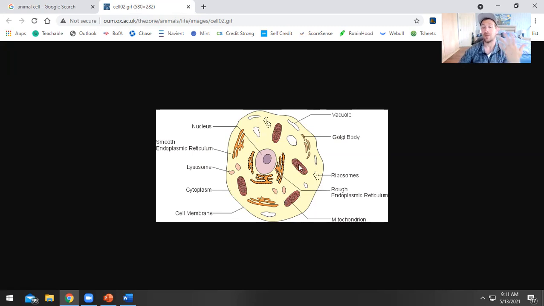But this chart represents the characteristics that all of our cells share. You're going to see a big nucleus in the center and a nucleolus and lysosomes, which are basically the cell's immune system. You can see a membrane around the outside. You can see these little Golgi bodies, and ribosomes, which are in charge of assembling proteins. So when the cell wants to grow, the nucleus is going to tell the ribosomes how to build new stuff.